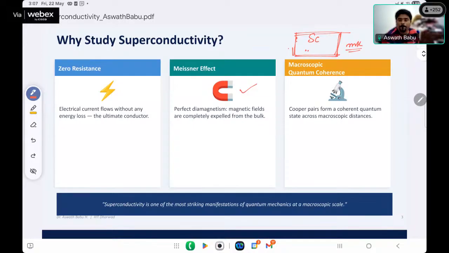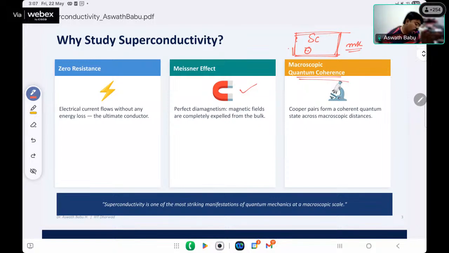Once they start pairing up, they become very powerful and they can travel without any resistance whatsoever. One more thing is these Cooper pairs are pairing up microscopic entities like electrons over macroscopic distances. Microscopic means atomic, subatomic and molecular level. Anything bigger than that, you can say macroscopic distances. So that is what we see in the case of superconducting materials.